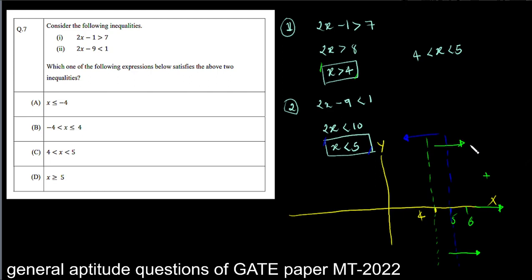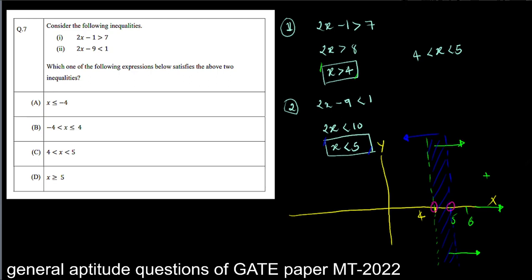So the common area for the two conditions is trapped between the two lines, this area. Our variable can take any value between 4 and 5, but we must exclude the points 4 and 5. So we put a hollow circle here to represent that this value is not included in the range.